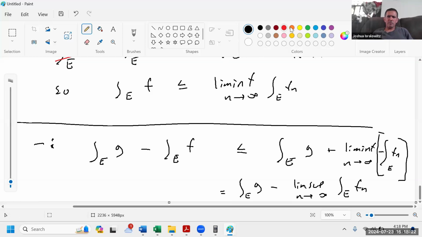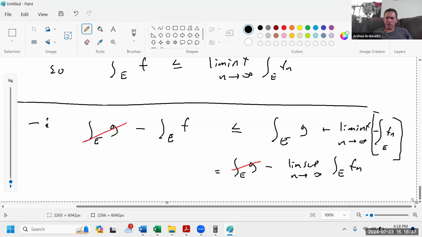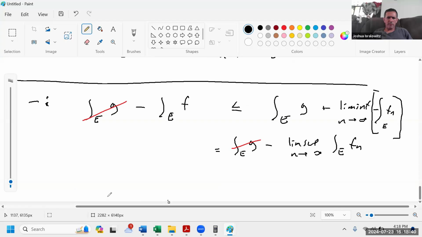Okay. So again, cancel the integrals here and just minus everything. That's the easiest thing to do. So you minus everything, the inequalities get switched. And so we are done.